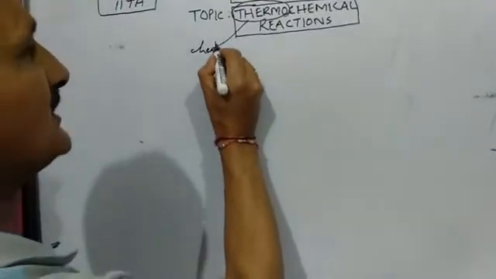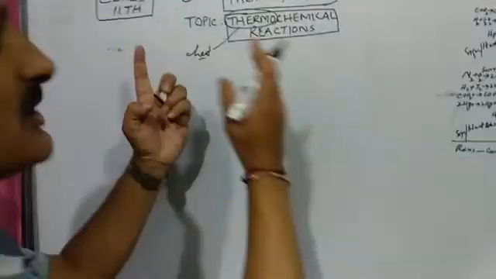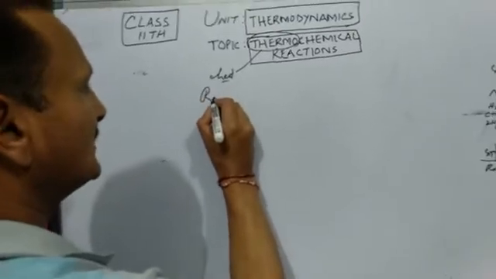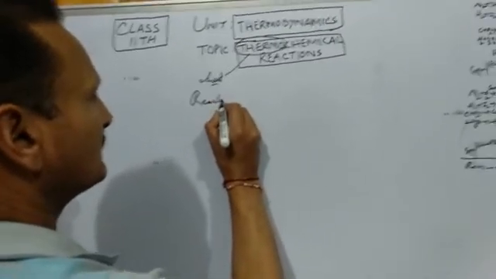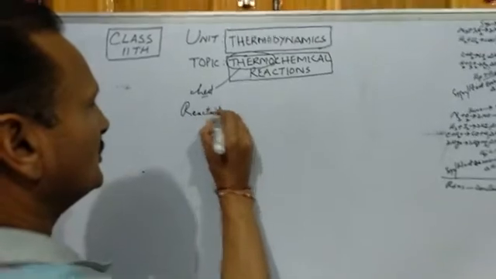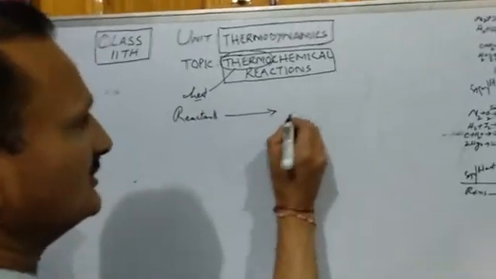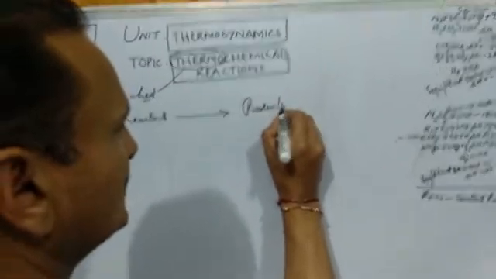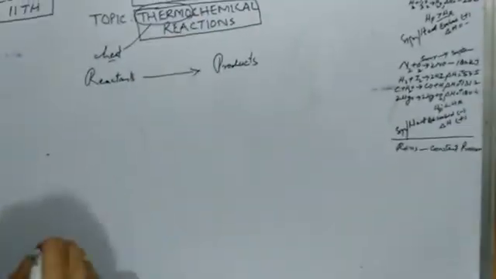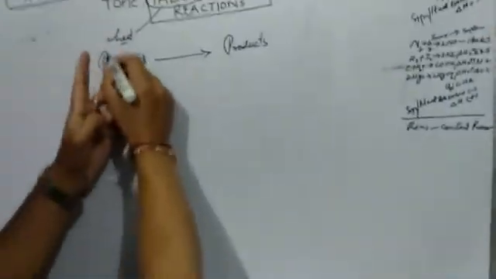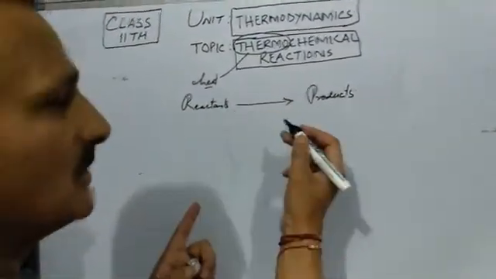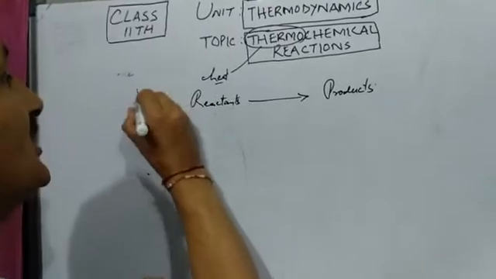Now, what happens to heat in thermochemical reactions? Suppose this is a reactant. It undergoes a chemical reaction, and suppose it forms products. Now, when this reaction takes place, there is change in enthalpy or change in heat.